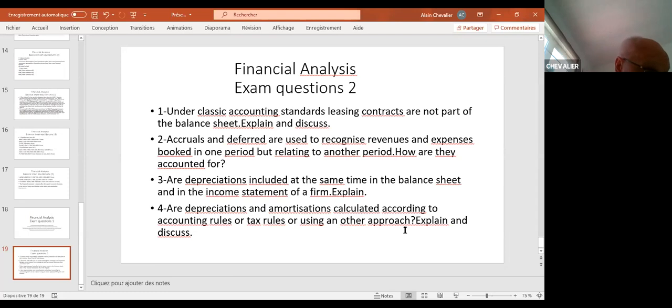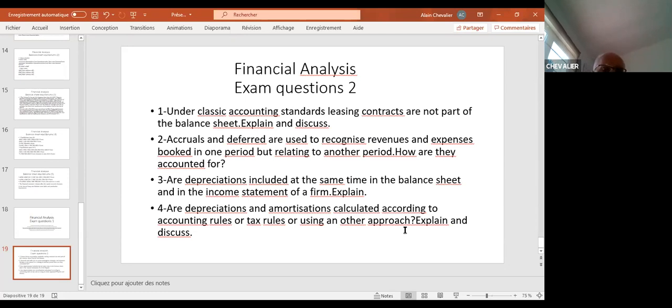That means if you had a leasing contract, you were not supposed, as the user, to be the owner. You were the user, you paid rents, and the equipment was not taken into account in your balance sheet. The only element which was introduced in the accounting system was the rent.